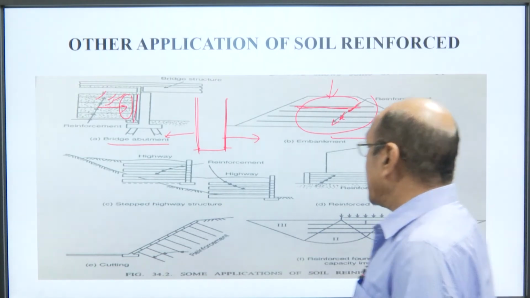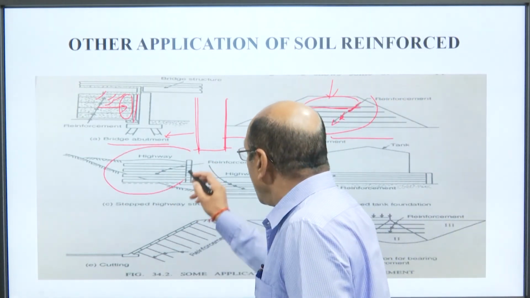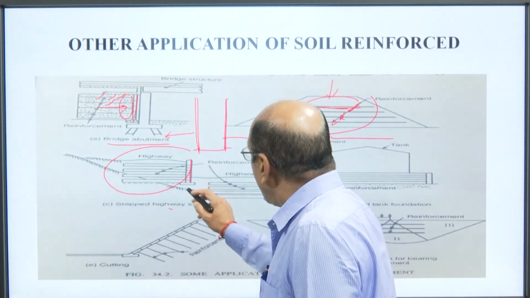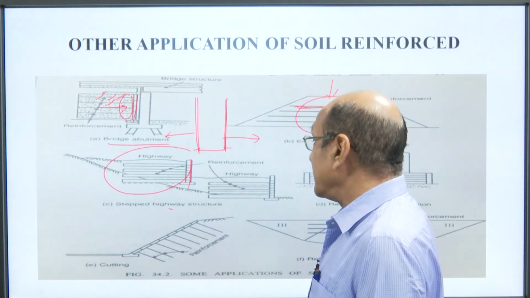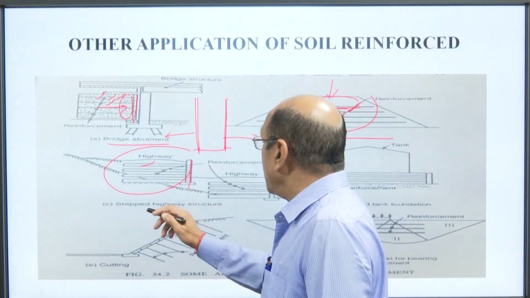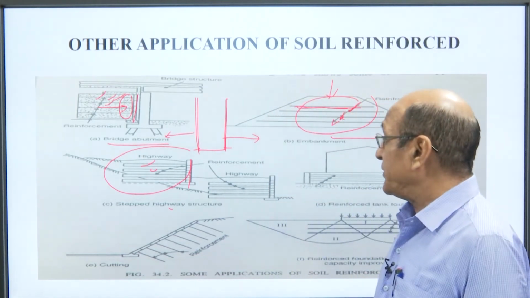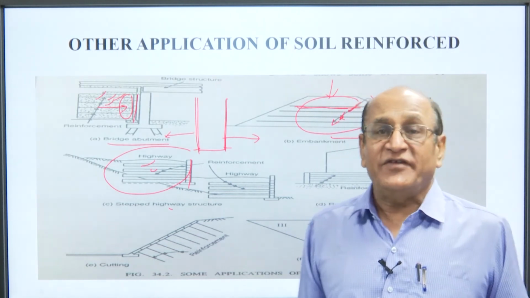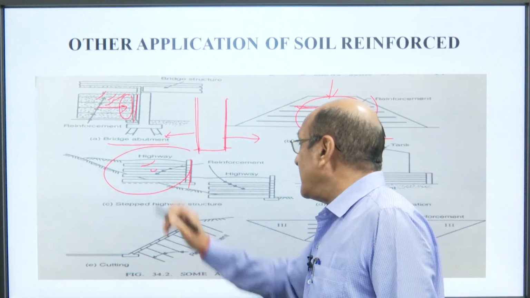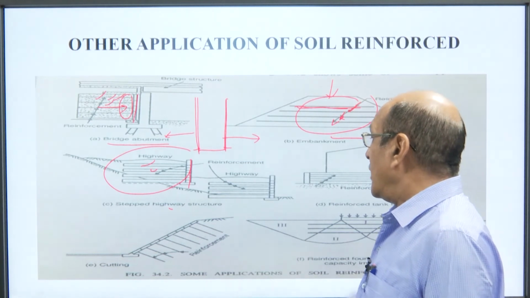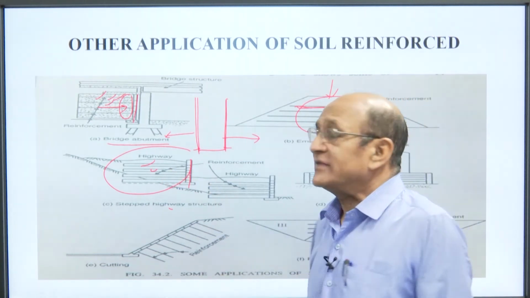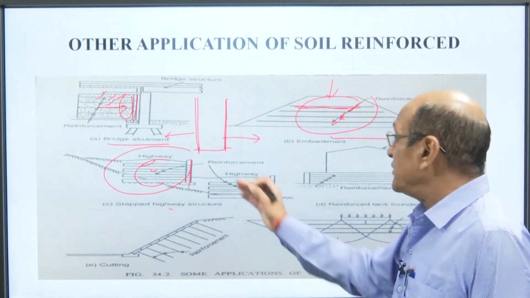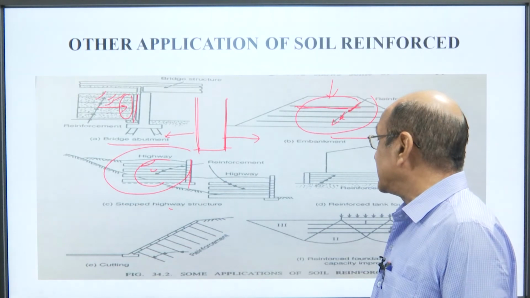The next is highway construction. You can see here, this is the stepped highway. This is the wall facing element in which the reinforcing elements are fixed and earth backfill has been done and compacted. So, this will protect against the deformation occurring here. This is also very useful for highway construction.